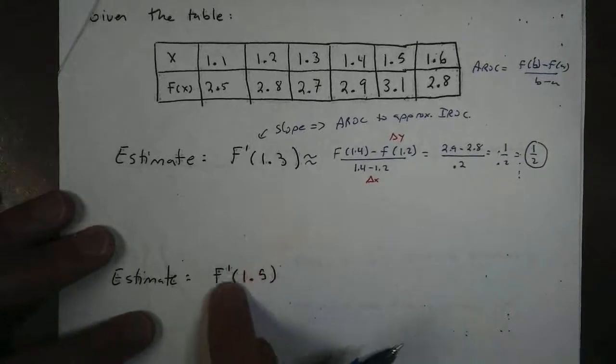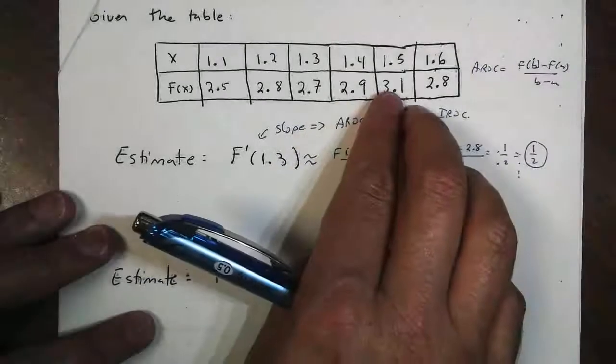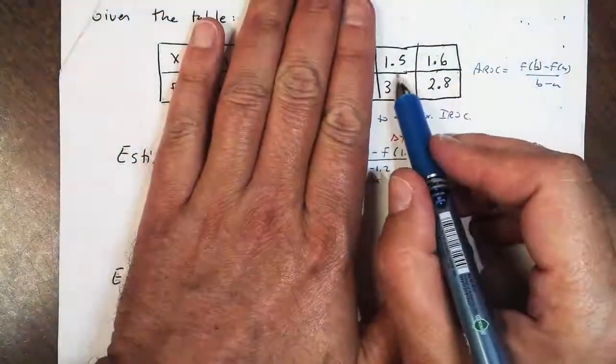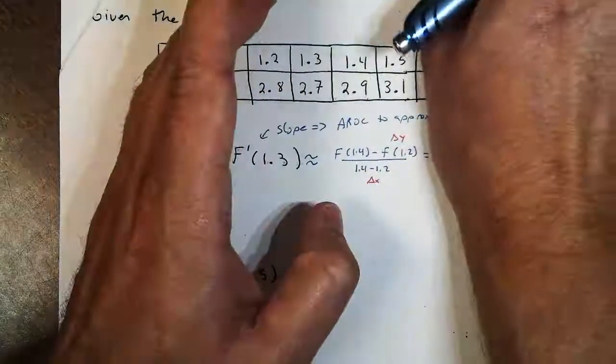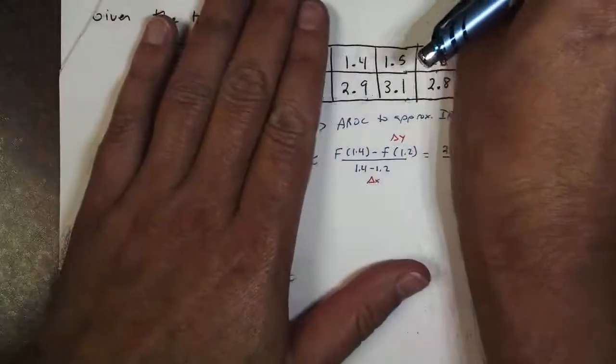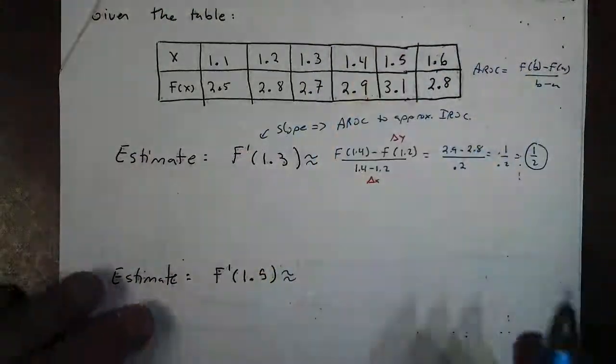So let's go and try to do 1.5. Same idea for 1.5. I'm going to use the points around it, 1.6 and 1.4. Now, you can use 1.5 and 1.6, or you can use 1.5 and 1.4. That's just your choice. I always prefer to go around the point I'm looking for, if I can.